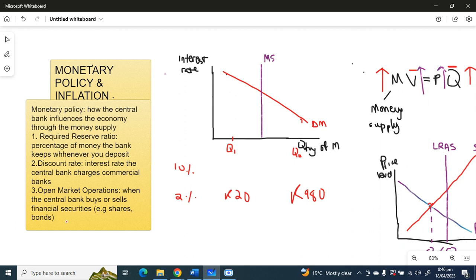So with expansionary monetary policy, the required reserve ratio, RRR, goes down. The discount rate, DR, also goes down, and the central bank buys financial securities. So now let's see this on the graph.